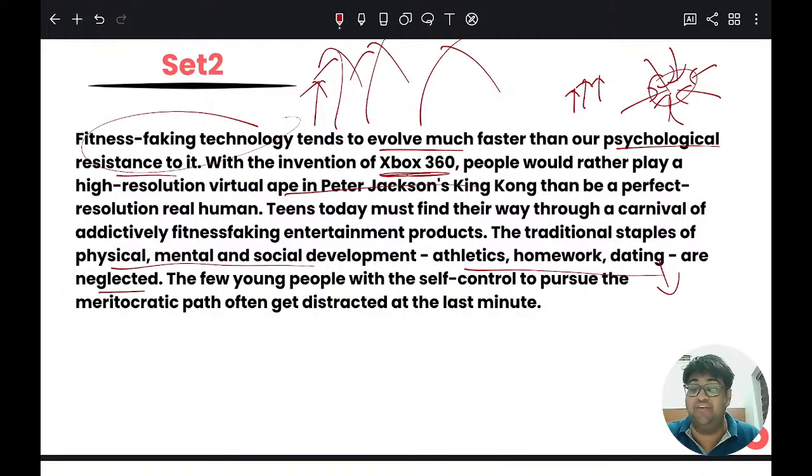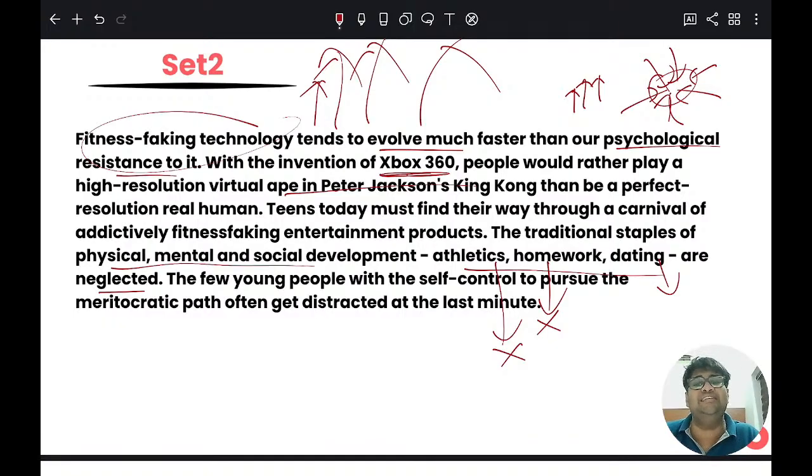That is the new kind of dating. You don't see people, you don't socialize, no homework, you don't study. You're all the time scrolling reels. Athletics: you might have thousands of fitness apps on your phone, but you don't do real stuff. You don't even walk 2 or 3 kilometers a day. Now everybody's neglecting all this.